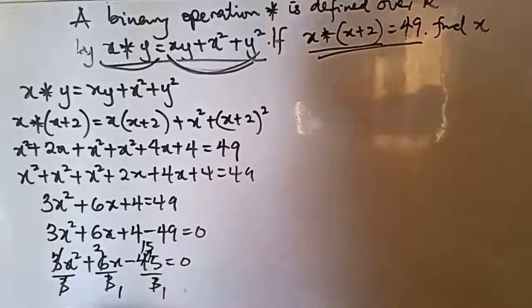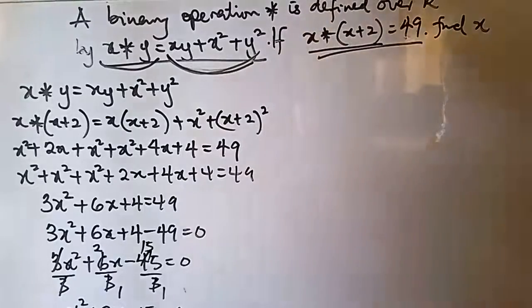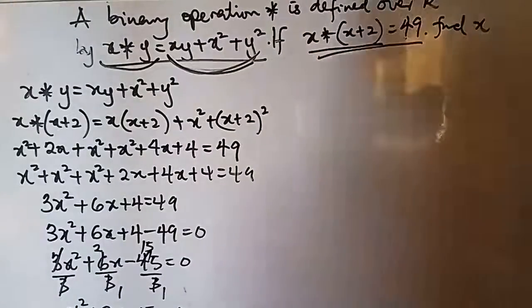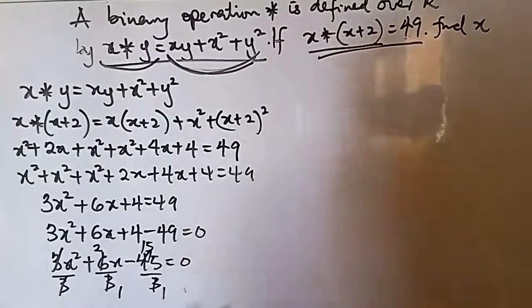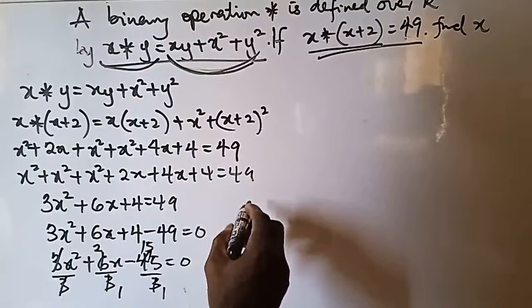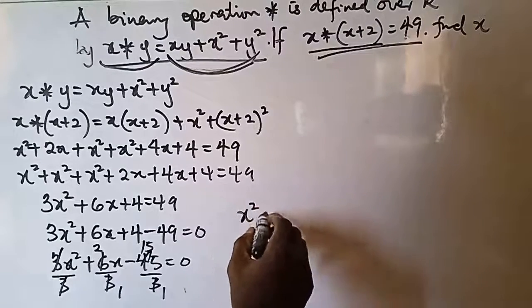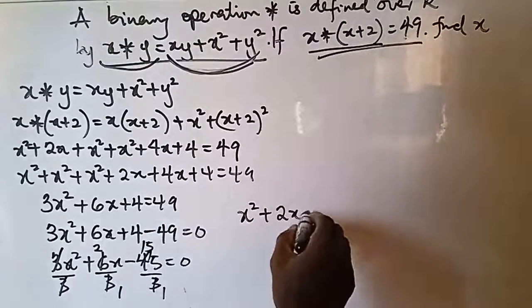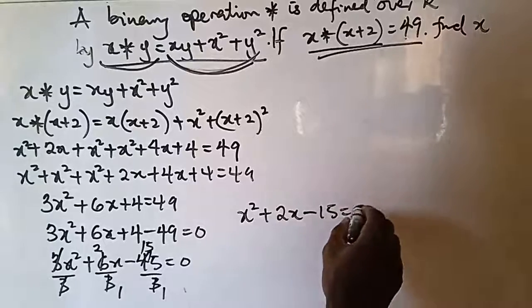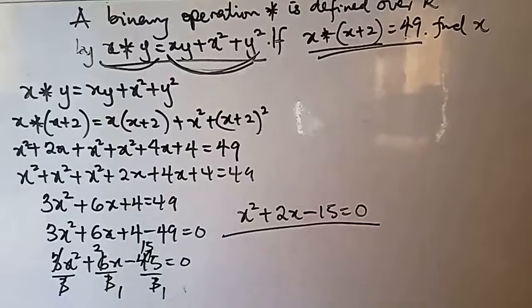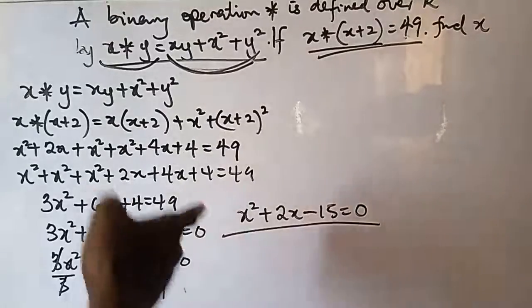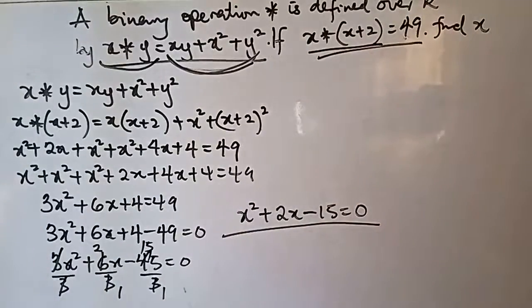So at the end of the day, you have x raised to power 2 plus 2x minus 15 equals 0. Now this is the quadratic equation we will be simplifying further to get the value of x.